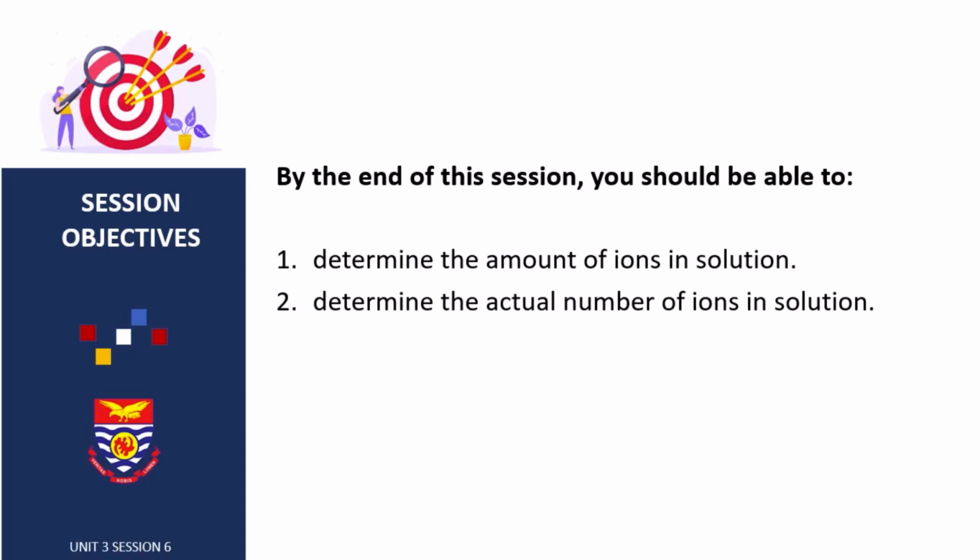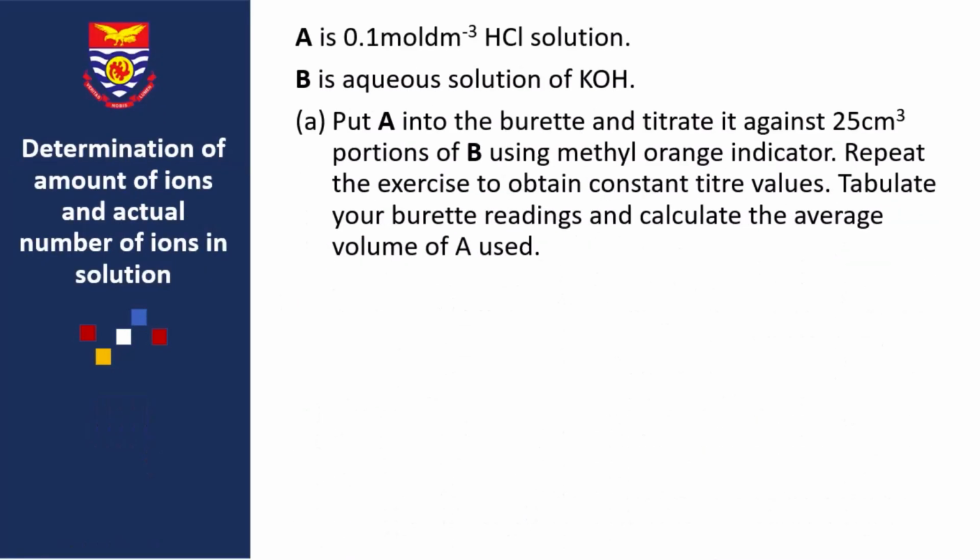So let's proceed with our first objective, and we are tackling this with a problem. We are going to solve this problem in an attempt to determine amount of ions and actual number of ions in solution. We have two solutions that we are going to perform the titration with. A is 0.1 mole per dm cubed HCl solution.